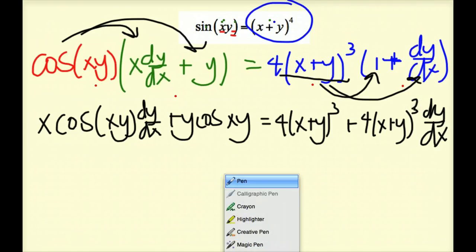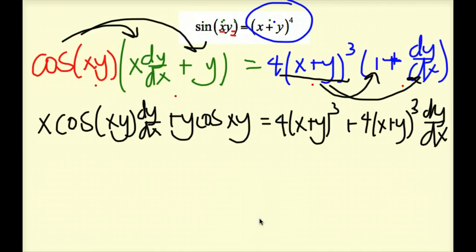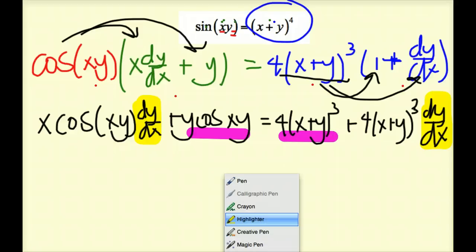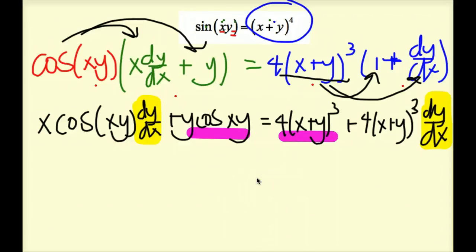So let's highlight our dy/dx's, and I notice I have a dy/dx here, and I have a dy/dx here, so I need to get those on the same side. And what I need to do then is move these so that these two are on the same side since they do not have the dy/dx. So let's do some algebra, and I'm going to move this term right here over to the other side.